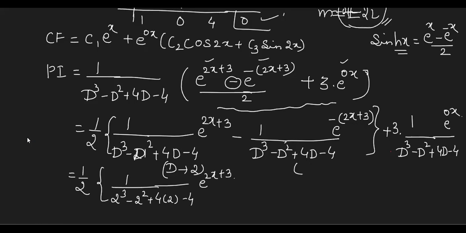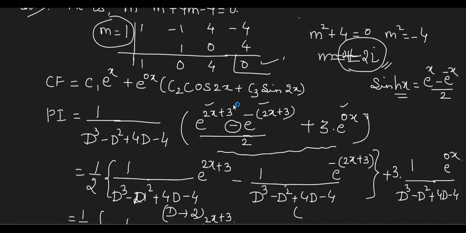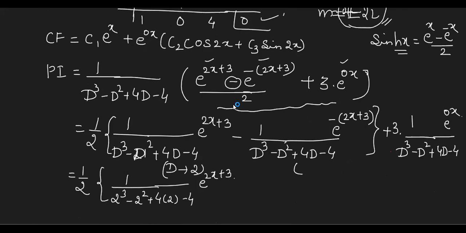Similarly, what is the coefficient of x here? Minus 2. Is minus 2 a root? Check the root of the auxiliary equation. No, so 100% again it will not become 0. You can even verify it. So replace all the d's by minus 2.